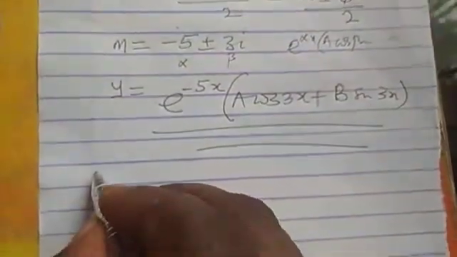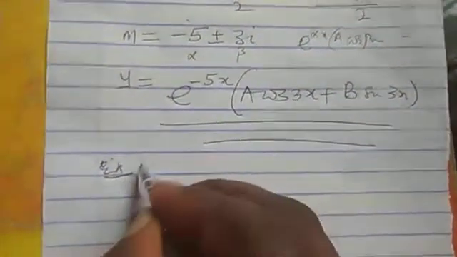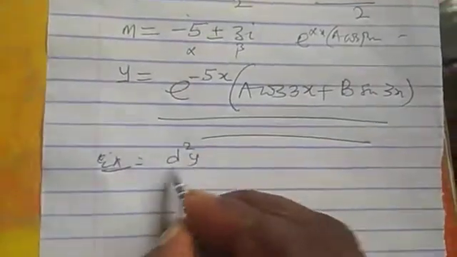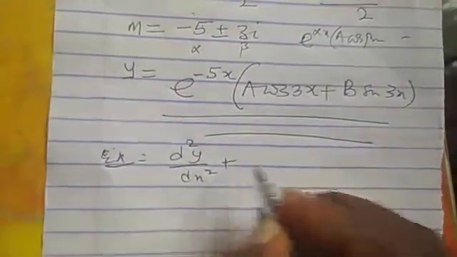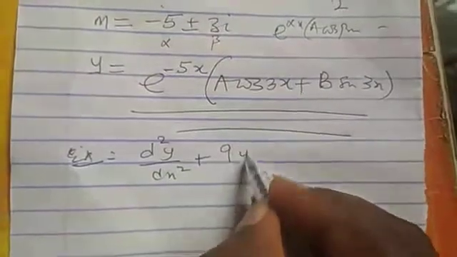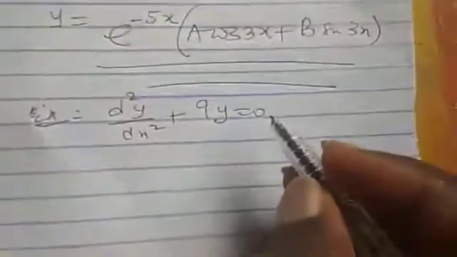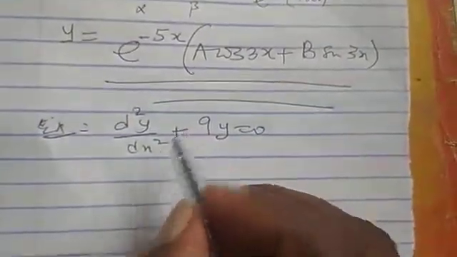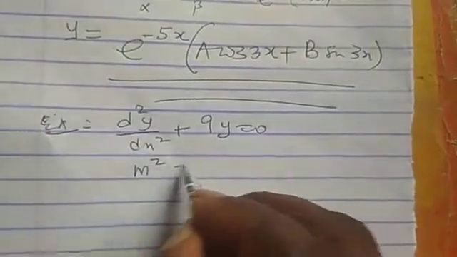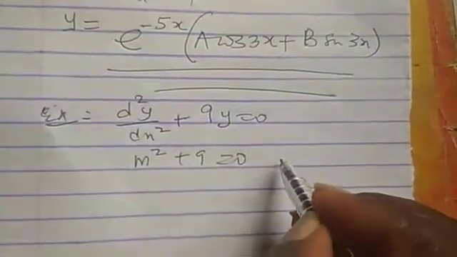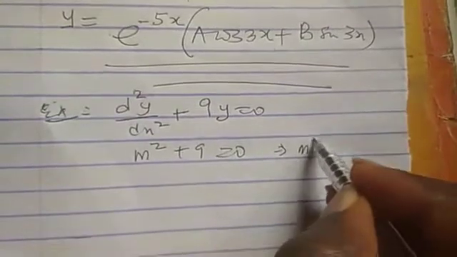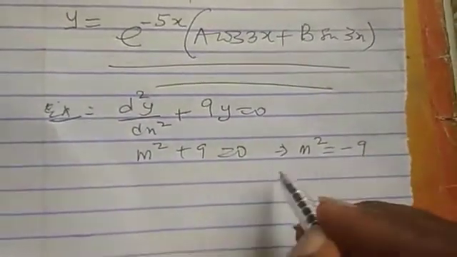And finally, let's assume we want to solve d squared y over dx squared plus 9y. I've given something like this the other time, but it was minus. This will give me m squared plus 9 is equal to 0. This will give me m squared is equal to minus 9.